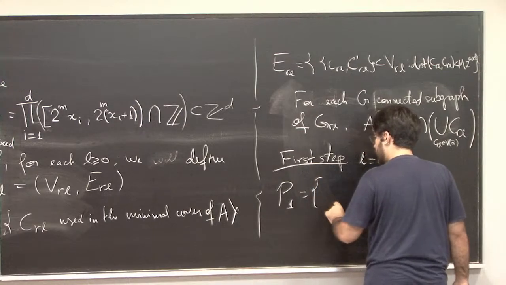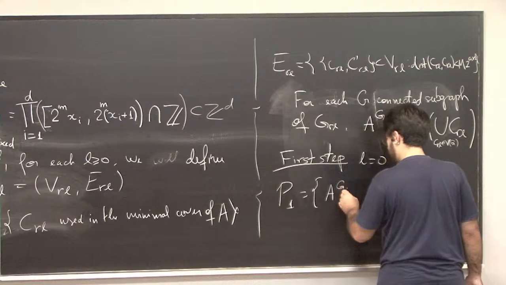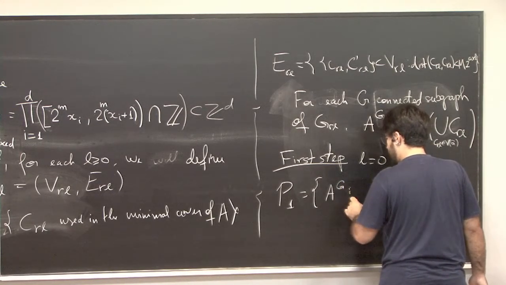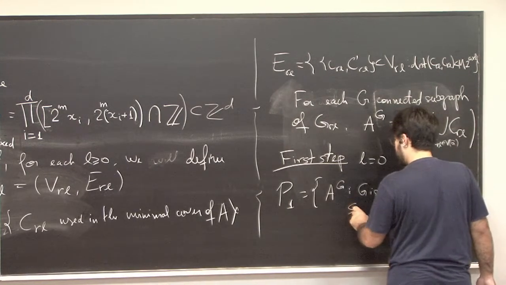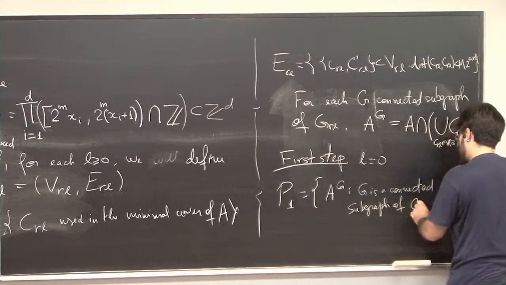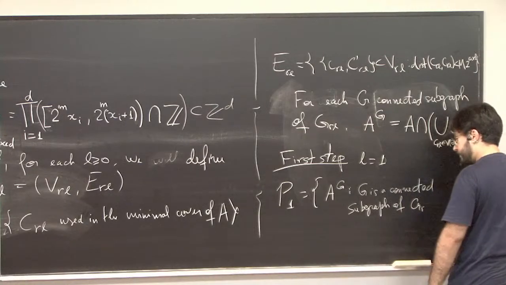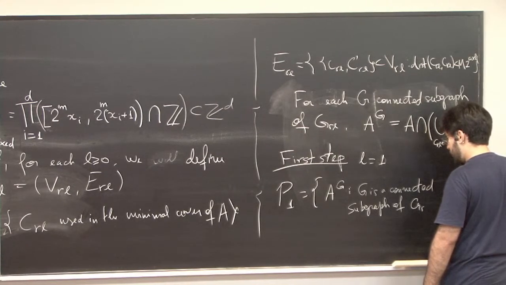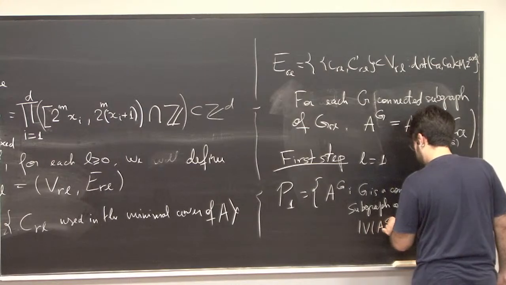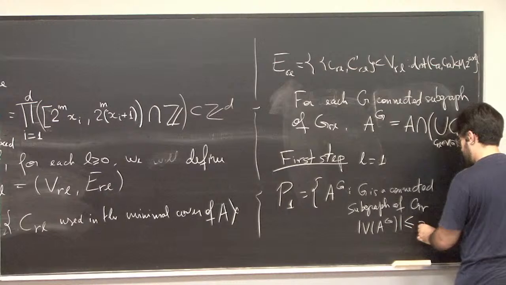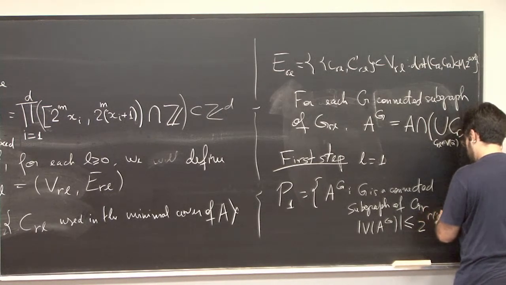You consider it to be all the sets A_G such that G is a connected subgraph of the first-step graph G_R, and you need another restriction: you want the volume of A_G to be less than 2 to the power R d plus 1.